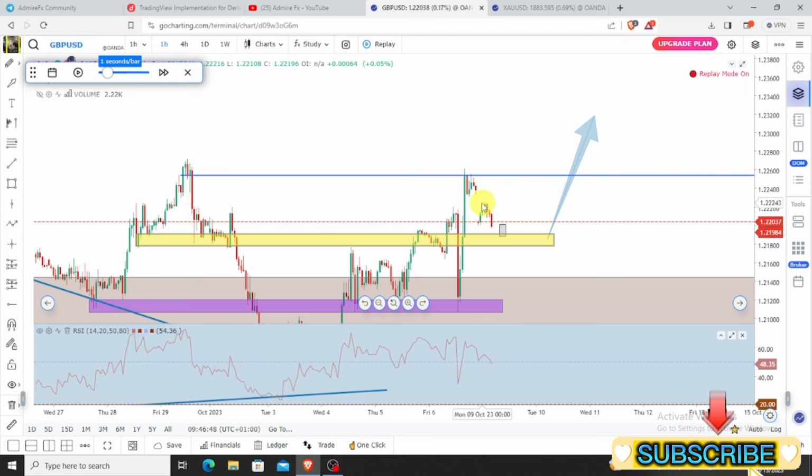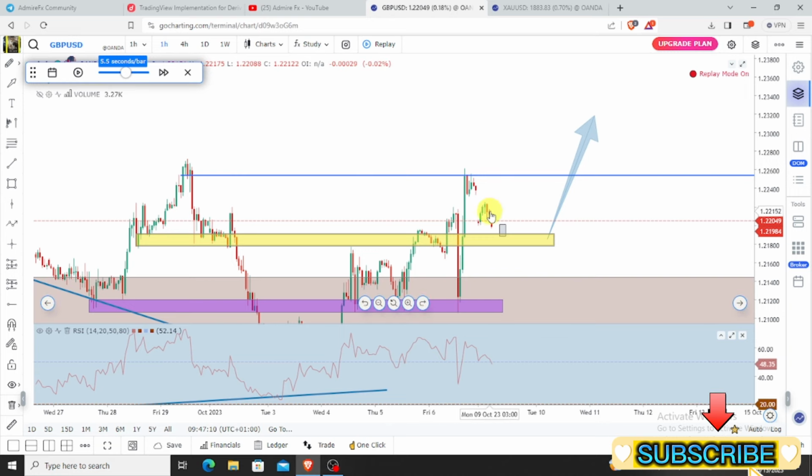You have to be patient enough for price to come to you before you can react. Okay, you react based on what price gives to you. You don't react based on what you think price should do. Right, so that's one of those qualities of a good forex trader.